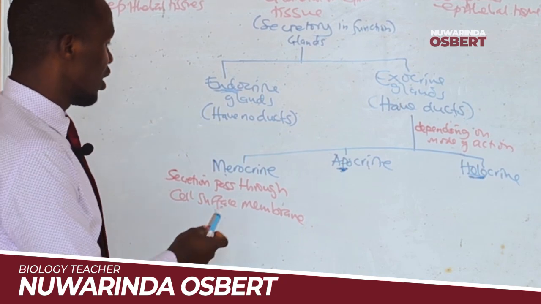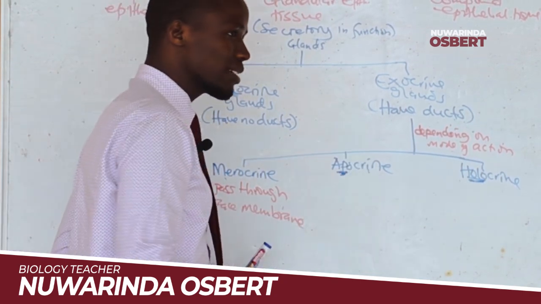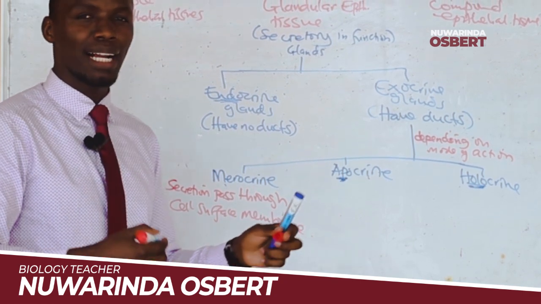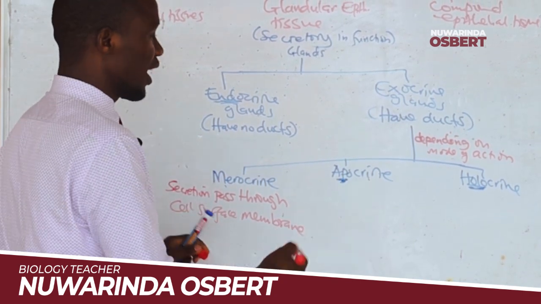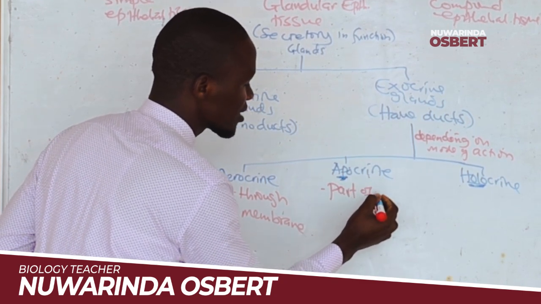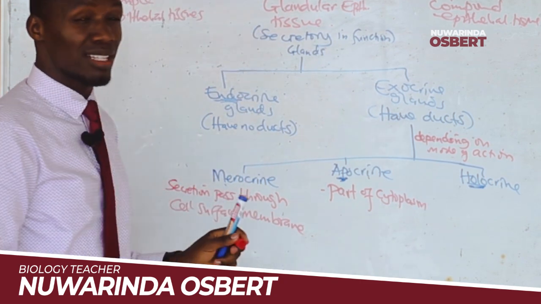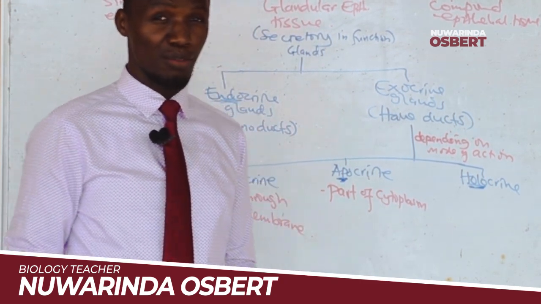Now, what about this one here? Unlike merocrine, apocrine glands are those glands whereby, when the gland is going to produce a given substance, part of the cytoplasm, and certainly part of the cell membrane, is lost.